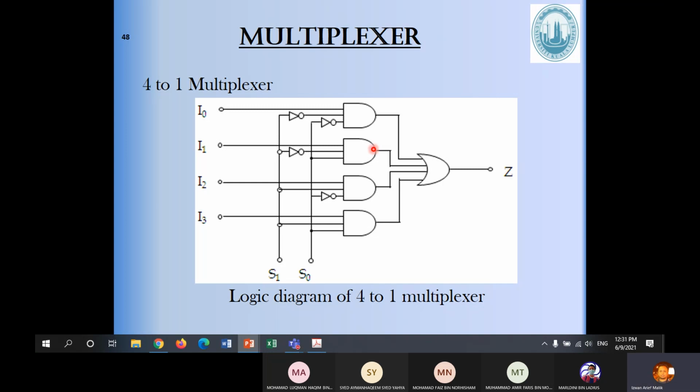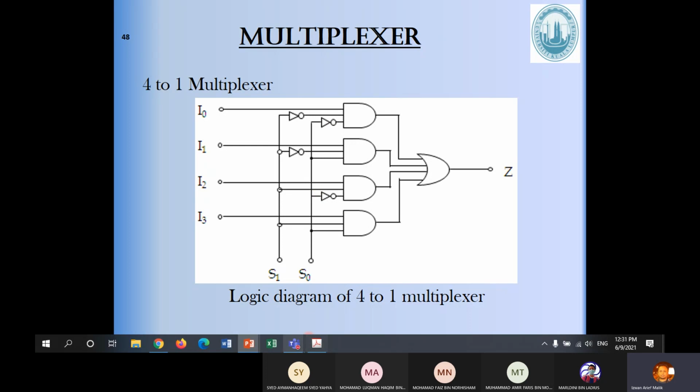Okay, and then for the logic diagram, so the circuit which is consists in the block diagram tadi. You'll be having 4 AND gates, each of the AND gates has 3 inputs, and then 1 OR gate with 4 inputs. And then you have 1, 2, 3, 4 NOT gates, ataupun you boleh ada 2 pun boleh sebenarnya.